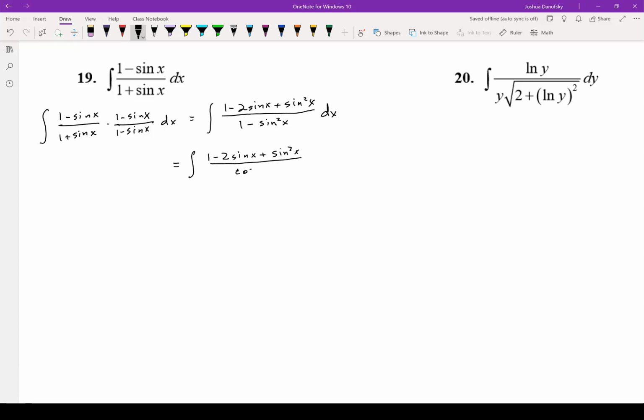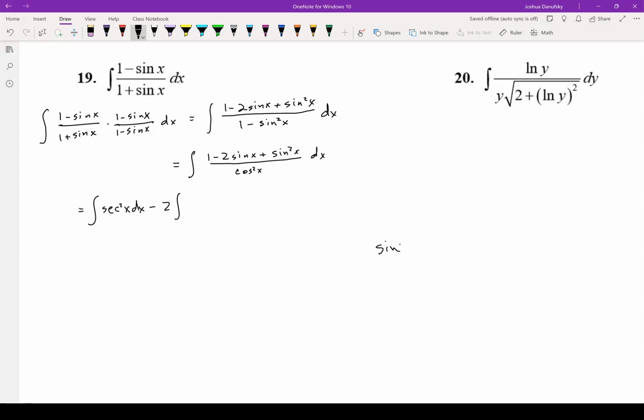Bottom becomes cosine squared x. And now let's split this up into 3 integrals. So our first integral is 1 over cosine squared, which is secant squared x, like that, minus 2. We have sine x over cosine squared.